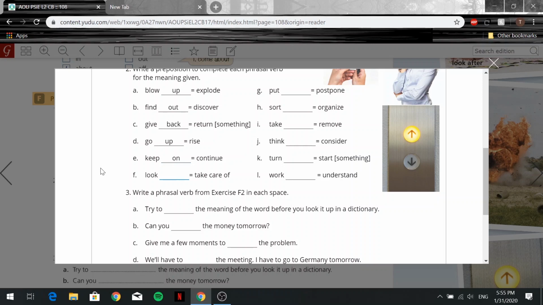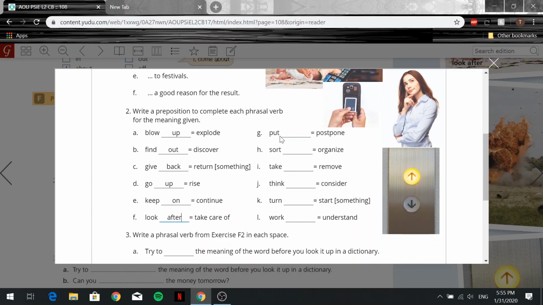F, look means take care of, so we'll say look after. G, put means postpone or rain check. So for G, we'll say put off. H, sort means organize, sort out. I, take means remove, so we'll say take off. Actually, by the way, just before we move on, for I, take off has two meanings.